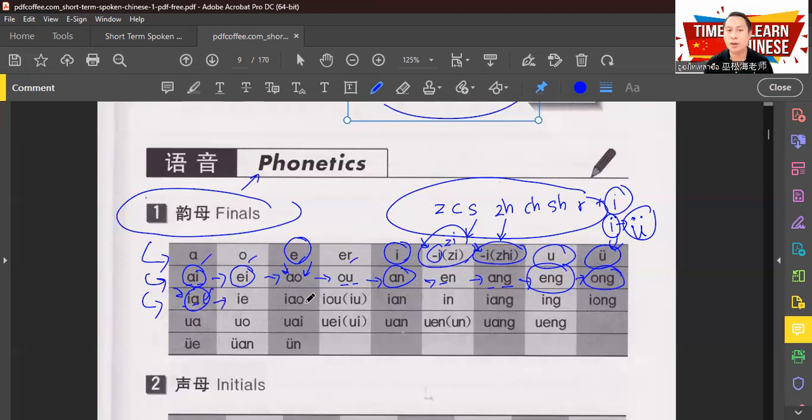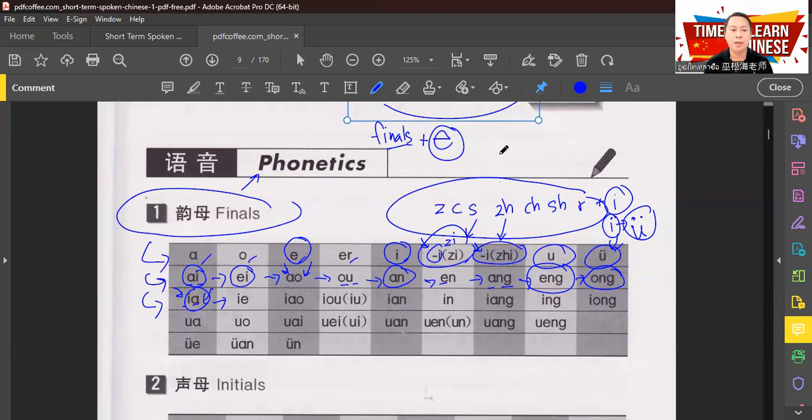Okay. Next one. I and E. I is E. But for E, when we put E after other finals, we have to change the sound.